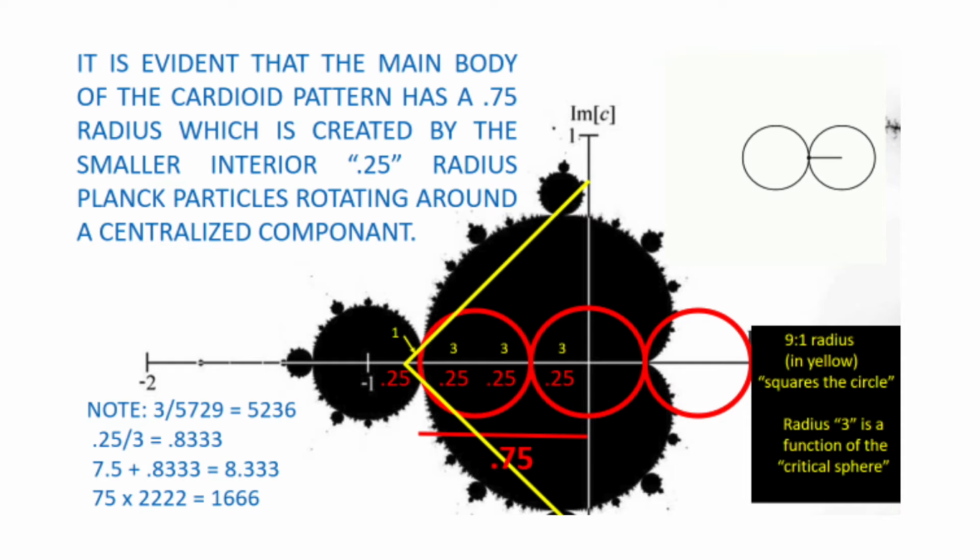These seed particles represent an average position or density cloud, which occurs as a function of one spherical Planck particle cross-section rolling around another, creating a temporary proportional radius value of 0.25 within the cardioid graph. The radius of the main body of the Mandelbrot pattern is exactly equal to the photon radius, while its secondary body is exactly equal to the Planck particles.